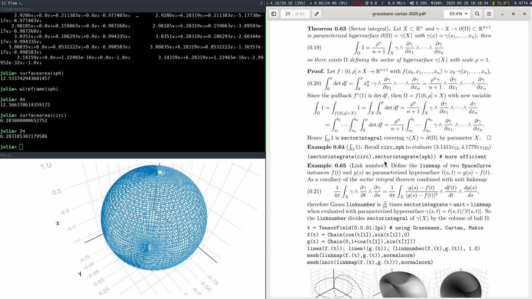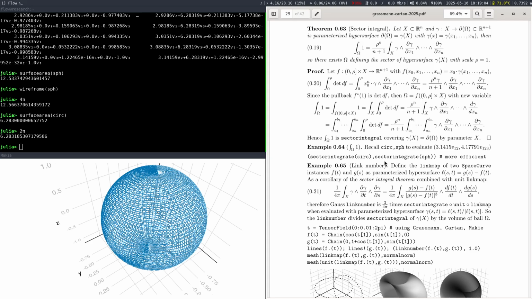So it expresses this kind of generalized sector integral. So when x is a subset of R^n and gamma is a parameterized hypersurface like previously, with gamma of x being parameterized in this way by x, and it's the boundary of omega.